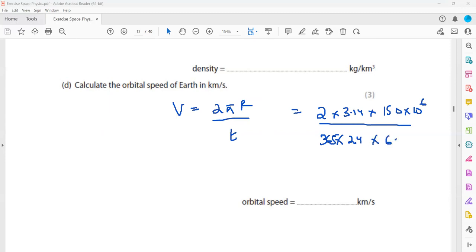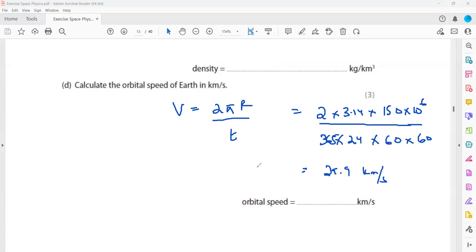Then we multiply by 60 to convert into minutes, and by 60 again to convert into seconds. So when we do this, it will be about 29.9 kilometer per second. You just divide kilometer by second and you get kilometer per second.